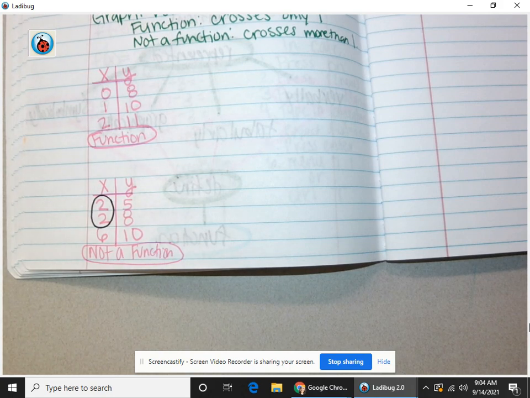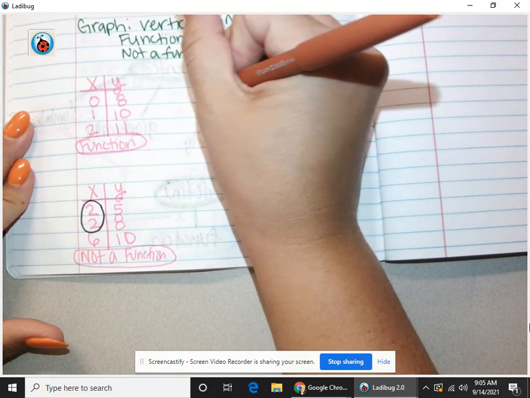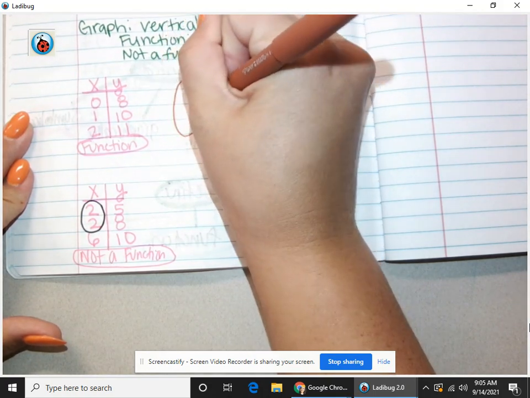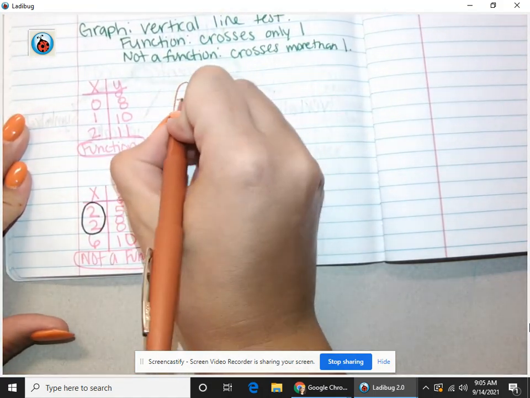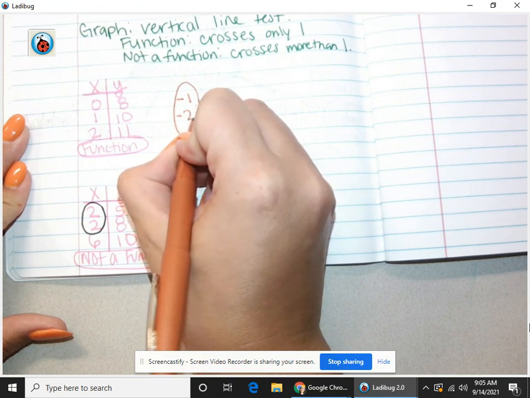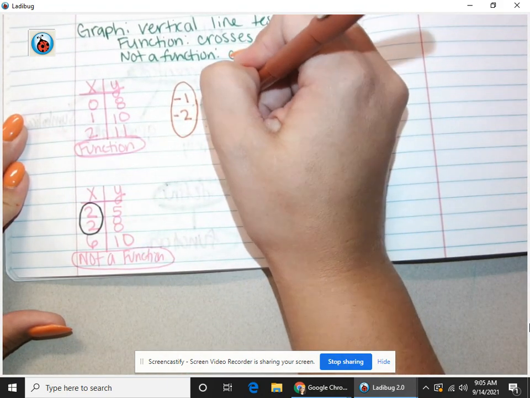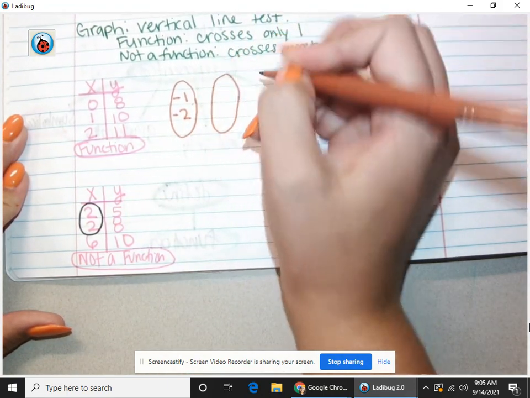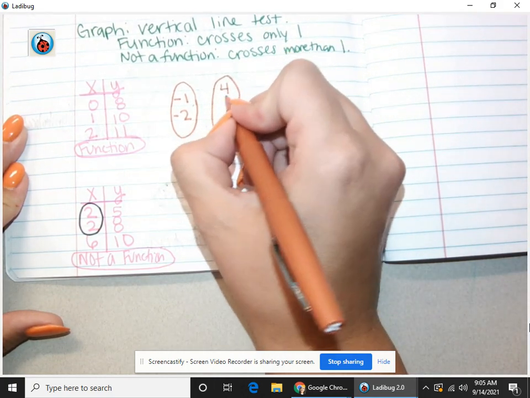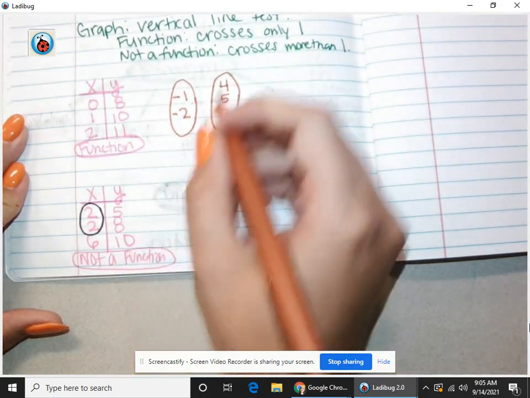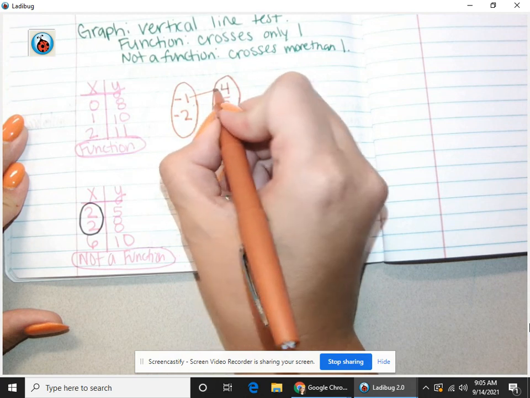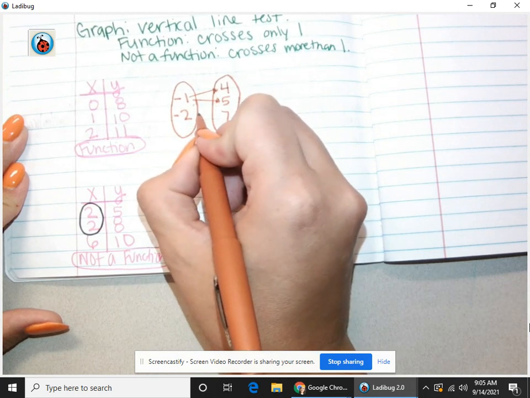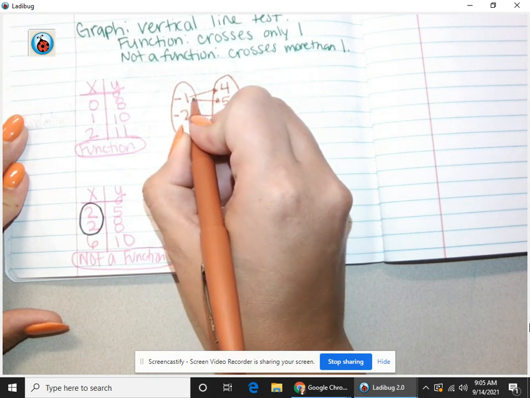Okay, let's look at some mapping. So if I've got -1, -2, and I've got 4, 5, 7, and my arrow goes here, and here, and here.